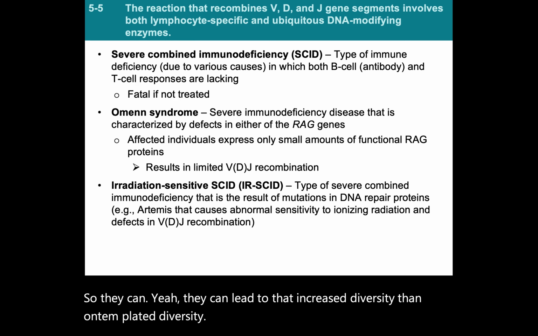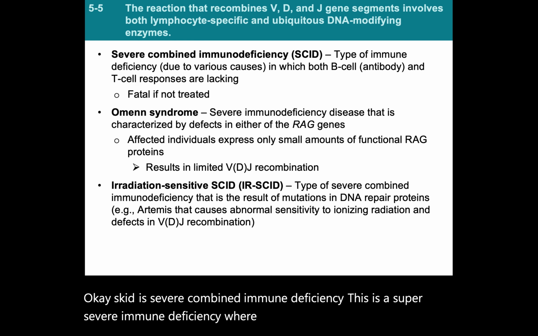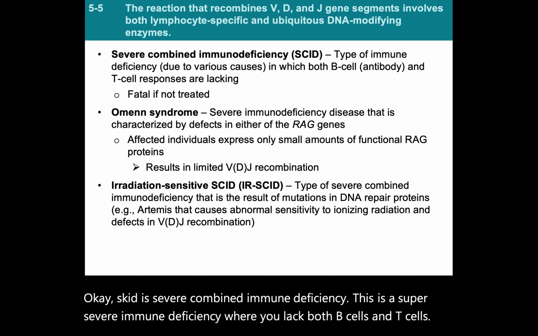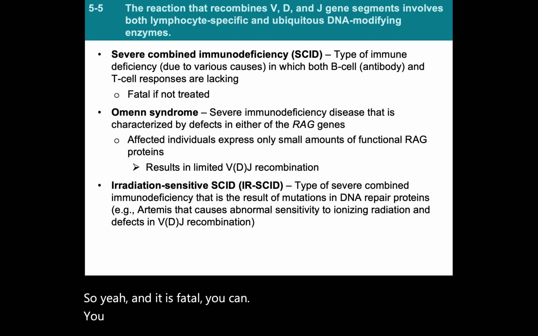Okay, SCID is severe combined immunodeficiency. This is a super severe immune deficiency where you lack both B cells and T cells. And it is fatal. You can mimic this in mice, and one of the ways that this happens is just by deleting the RAG genes.